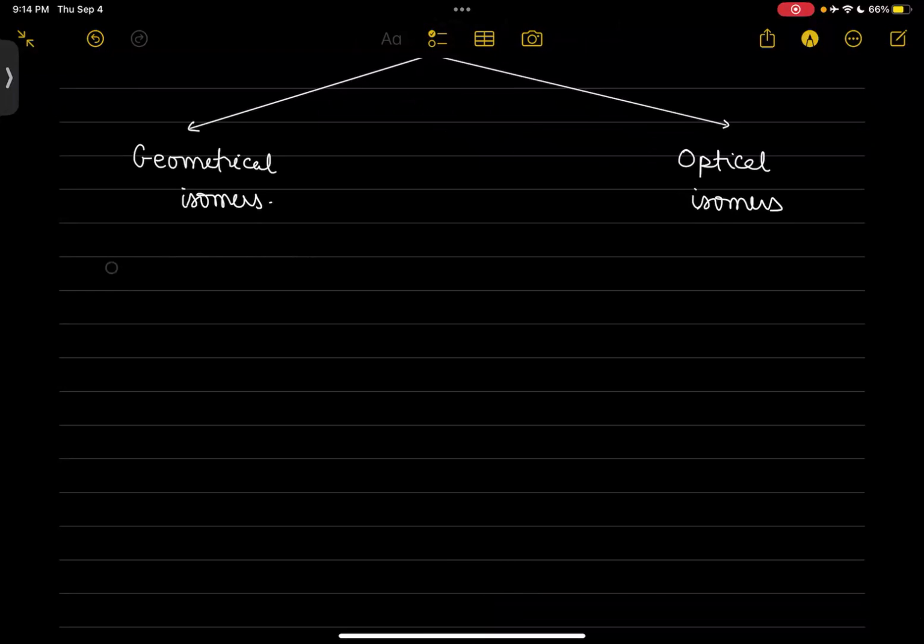Regarding the geometrical isomerism, I need to first know that suppose you have a square planar complex, a tetrahedral complex, an octahedral complex.